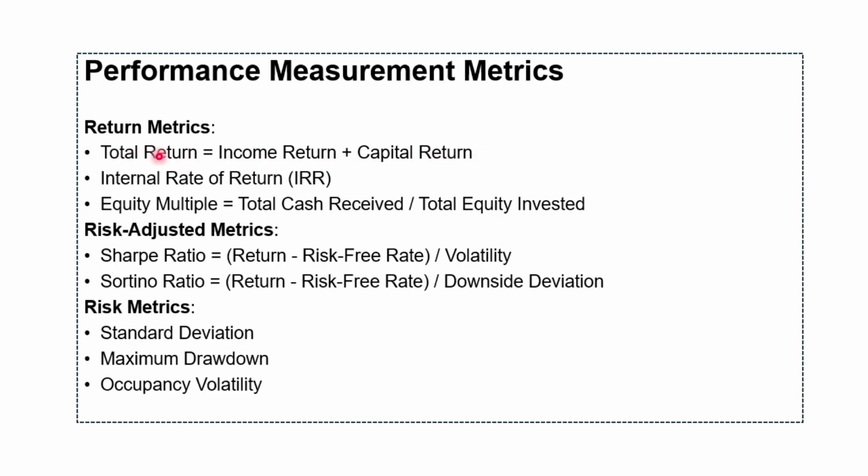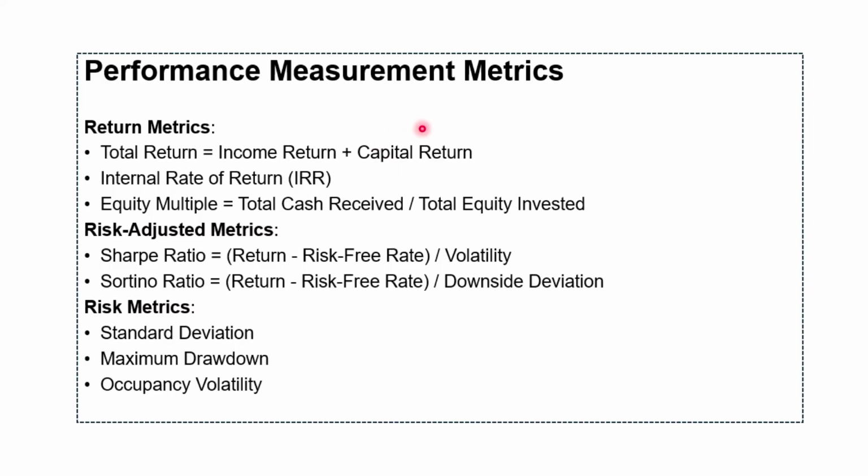For a REIT, we use total return because there is income generated through dividend yield, and then there is capital gain from the improvement in price, the appreciation of the REIT prices. So there also we use total return.